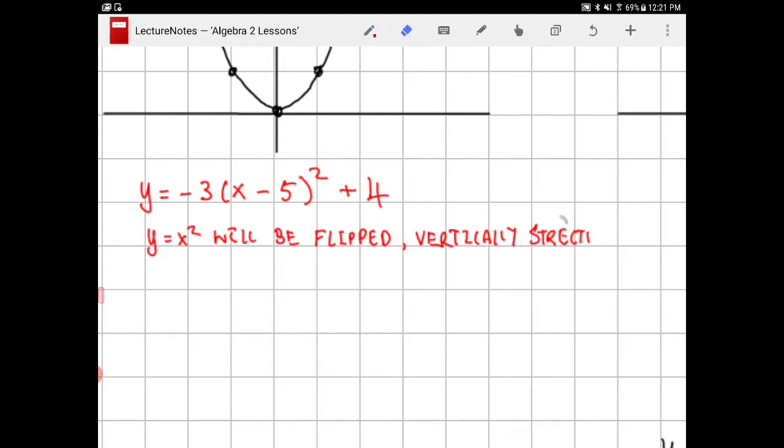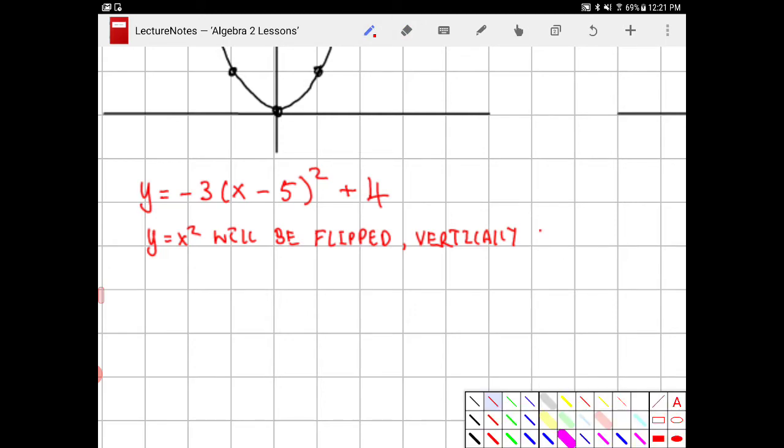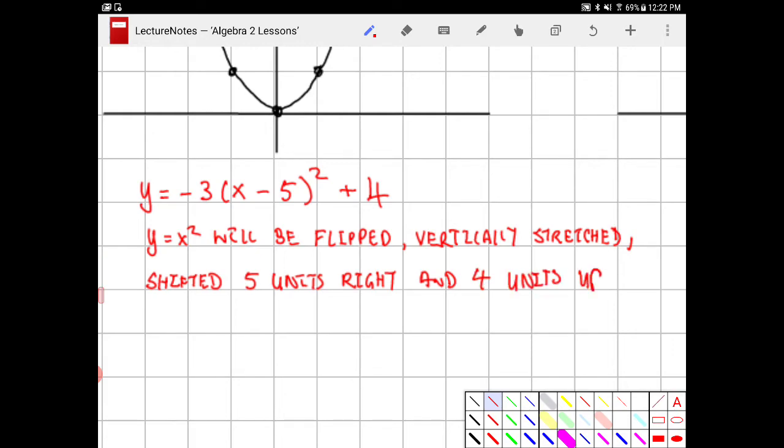It will be flipped and vertically stretched, and the vertex will be shifted 5 to the right and 4 units up.